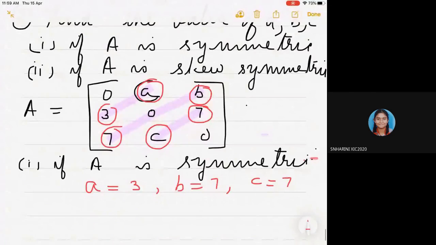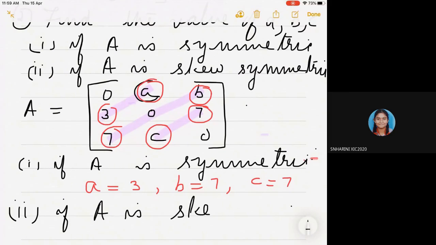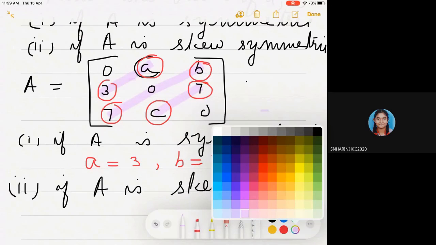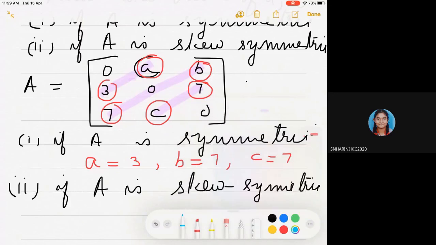If A is skew symmetric, what should be the value of A?